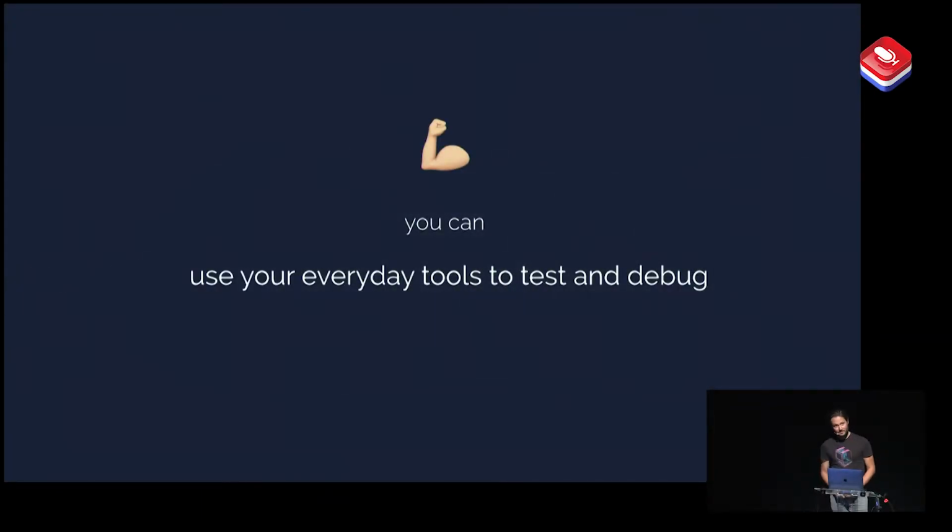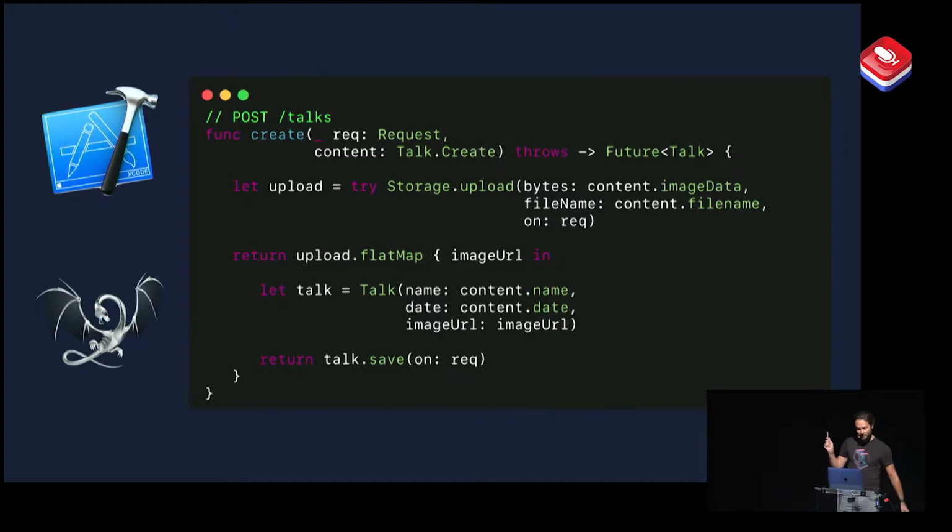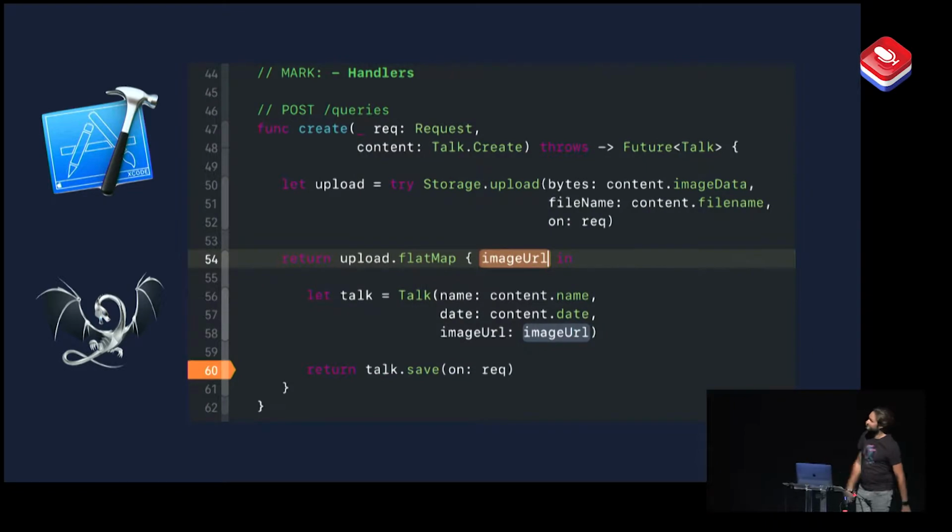So, with all of that we already seen before, you can use your everyday tools to test and debug all of these. So, if we take our morning example again about creating a talk, you can actually use this code on that.